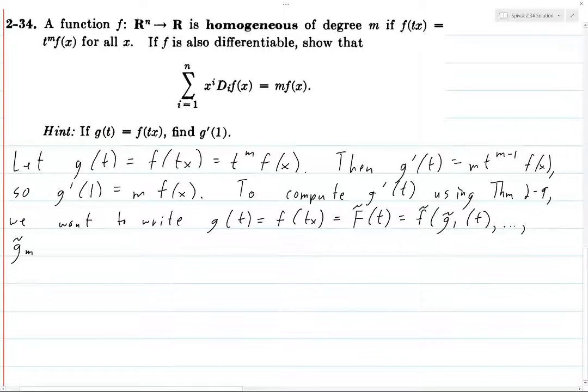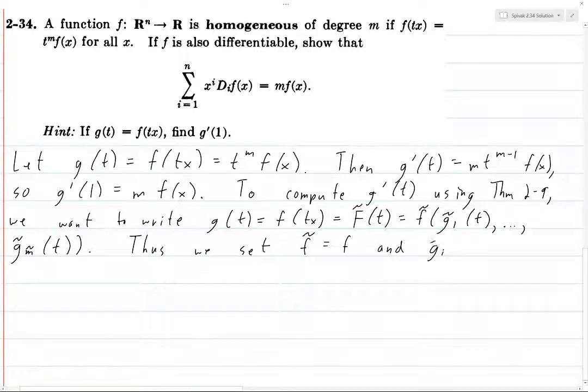But we're already using m, so we'll call that m tilde of t. So in order to make these things look like each other, we set F tilde to be precisely F, so that part's not too confusing.